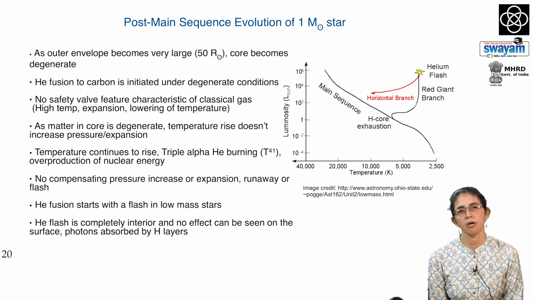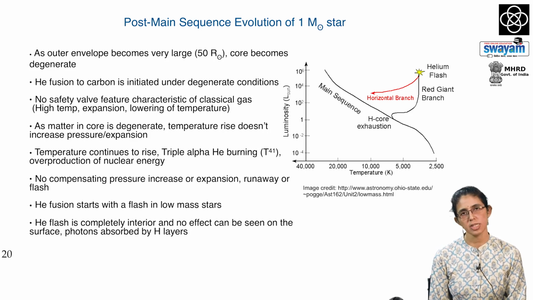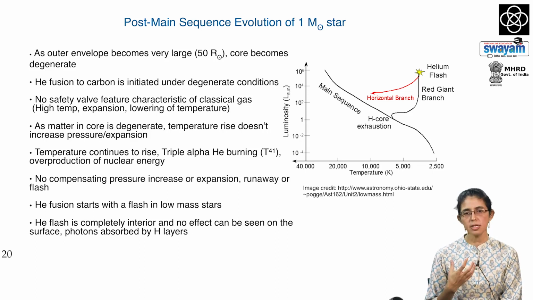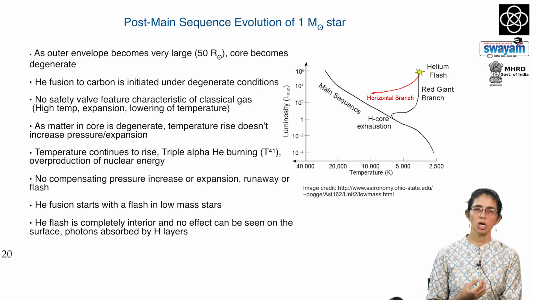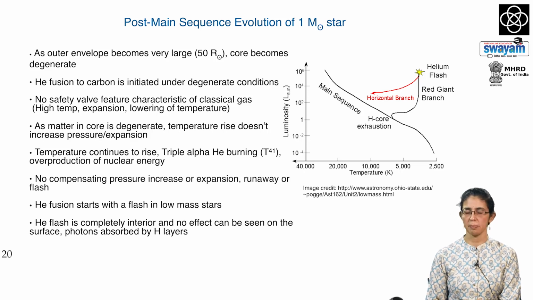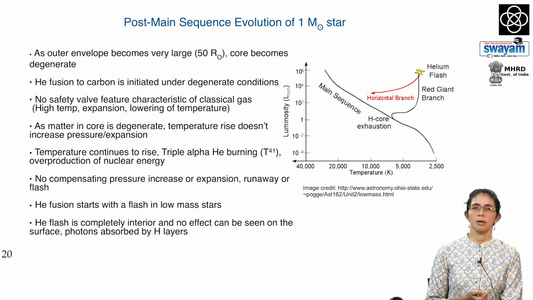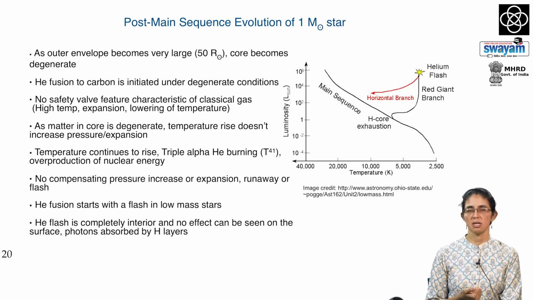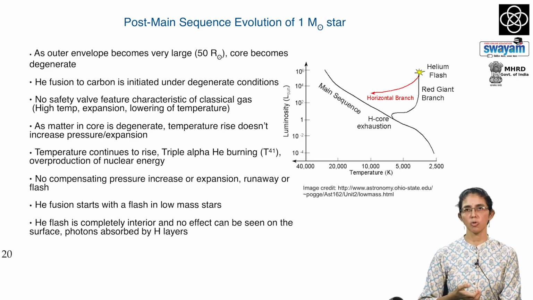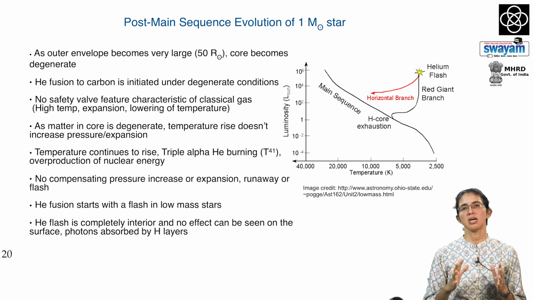So, this is what happens in the core of a one solar mass star, a helium core. While the system is becoming degenerate because of probabilistic processes, a small amount of helium fusion is initiated by the triple alpha reaction. But this generates heat, and this heat is unable to get transferred outside. That is because usually in a thermal gas, as more and more heat is generated, it expands, and as it expands it gets cooled, and the system can come back to its state of equilibrium.